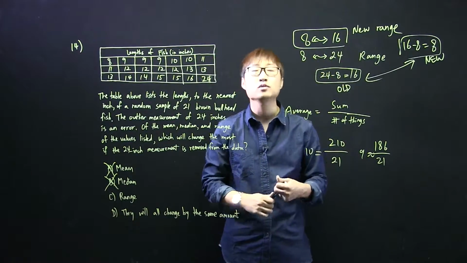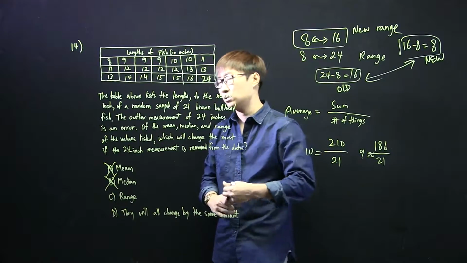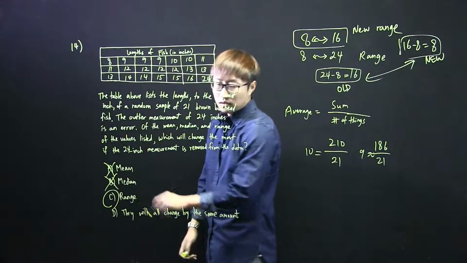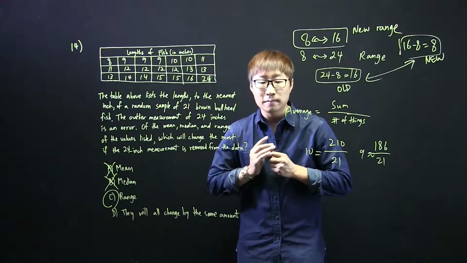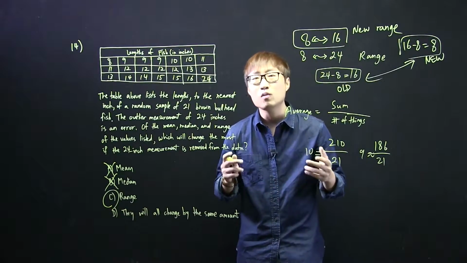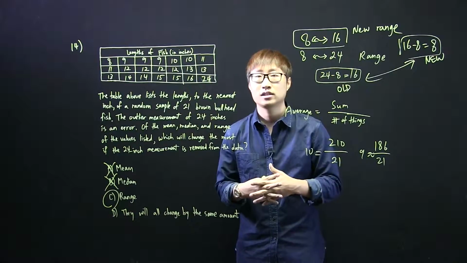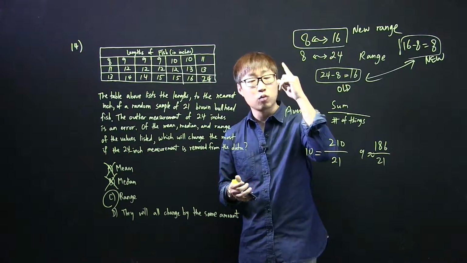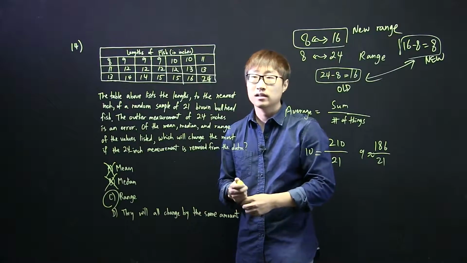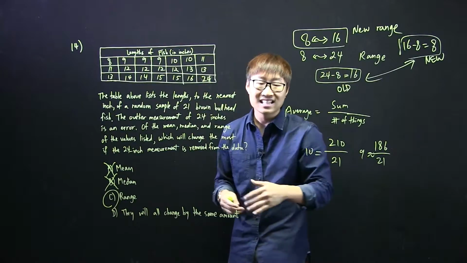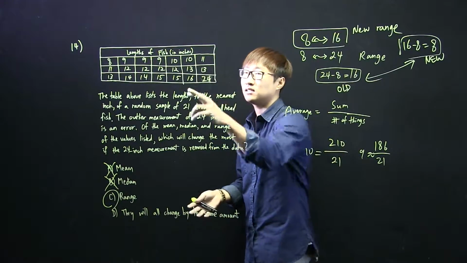So what's going to change the most? Probably the range, right? The logical part here is that the median and the mean really won't change by that much just because you're removing just one piece of data out of your list, especially when 24 is not even that much bigger than 16.